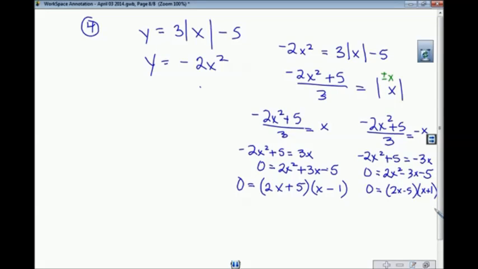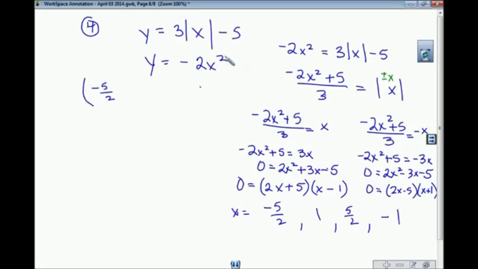So what are my possible solutions? Possible x values at the intersection. Negative 5 halves, positive 1, positive 5 halves, negative 1. Okay, let's test them. If I plug negative 5 halves into, and it really doesn't matter, we're just going to have to test with both.